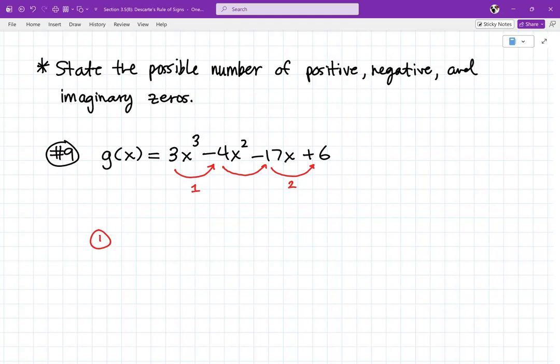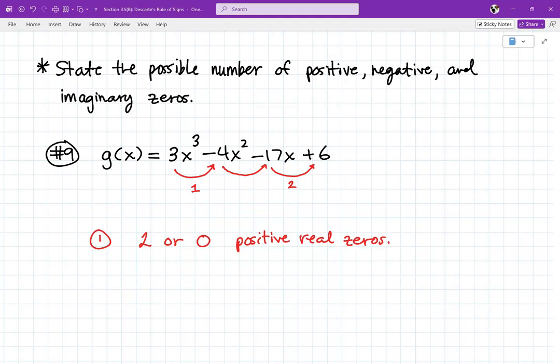So how many positive real zeros can I have? 2. Or subtract by 2, what happens? 0. Positive real zeros. There's my answer for how many positive real solutions can you have.